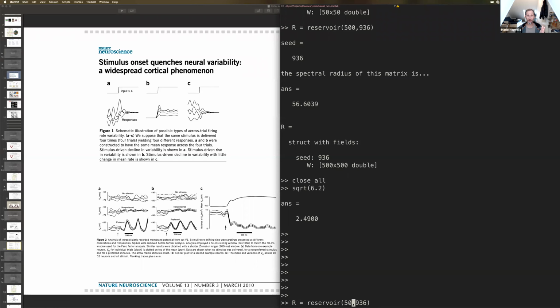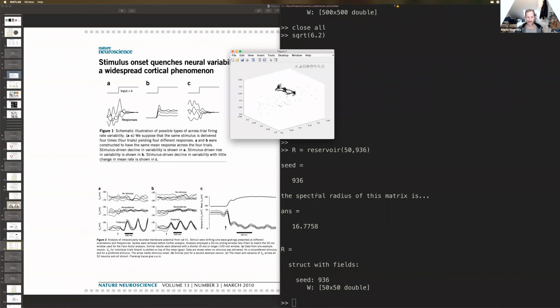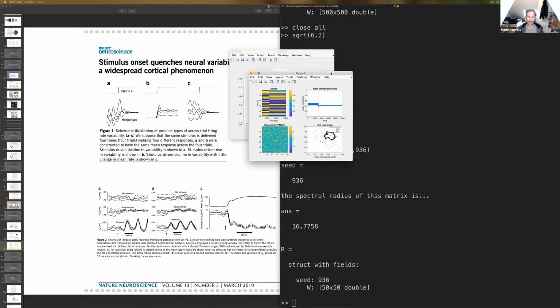I'm using a random seed that I previously selected because it looks good, but you could do this experiment many times and select other random seeds. I just don't want to belabor the point. It produces effectively the same outcome as the paper of Sussillo and Abbott.